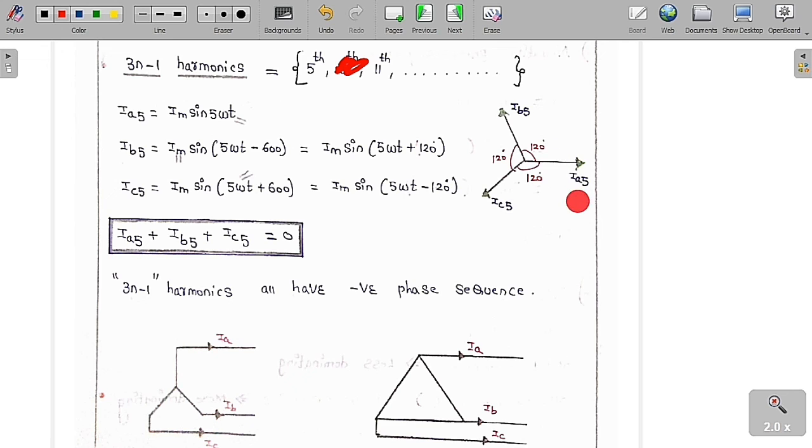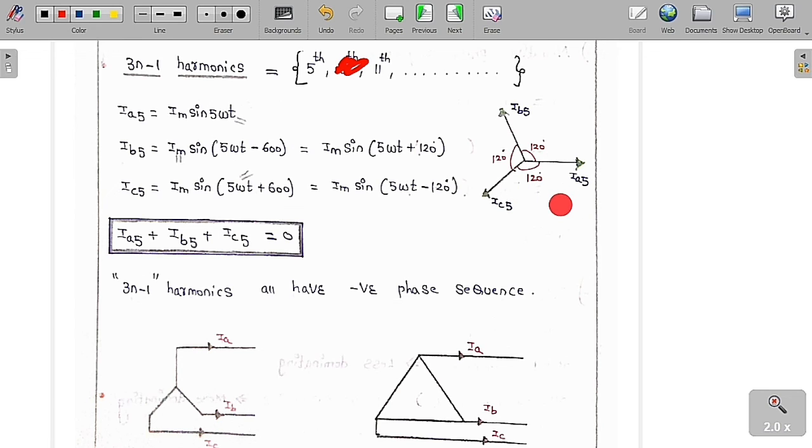So Ib5 is going to lead the Ia5. Similarly Ic5 is equal to Im sin of 5 times (omega t plus 120). If you take 5 inside we get 5 omega t plus 600. So finally we get Im sin (5 omega t minus 120). So this Ic5 is going to lag Ia5 by 120 degrees.